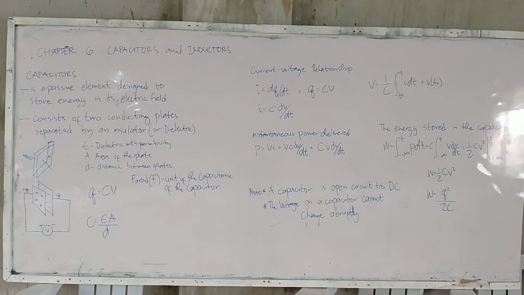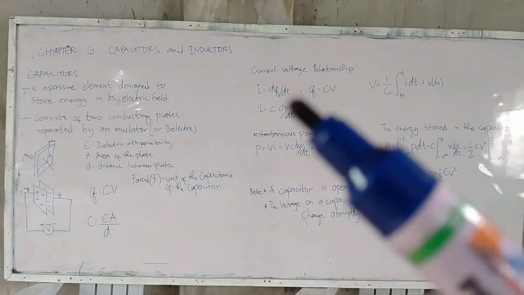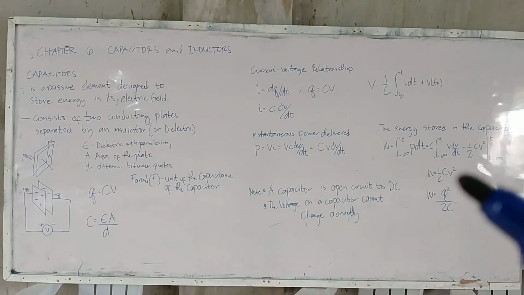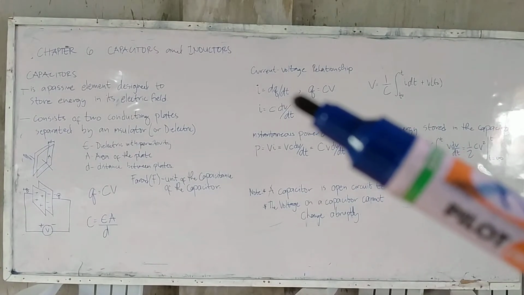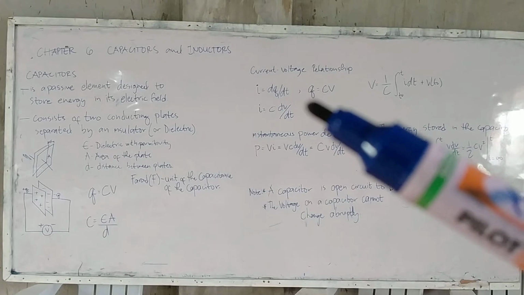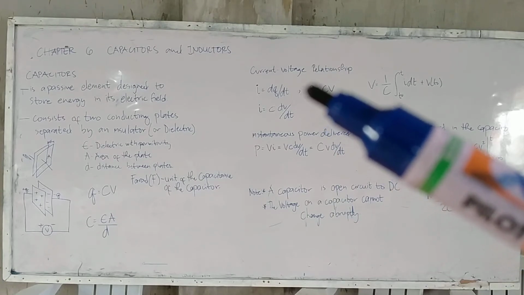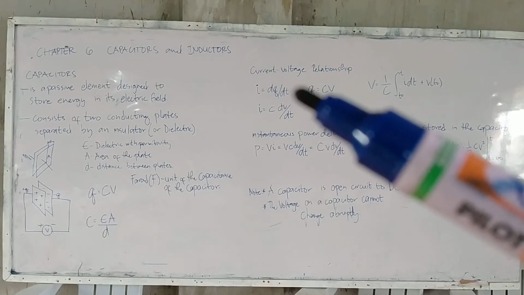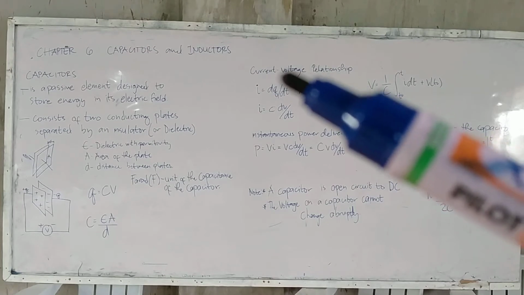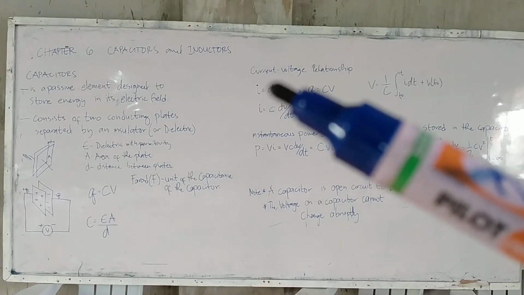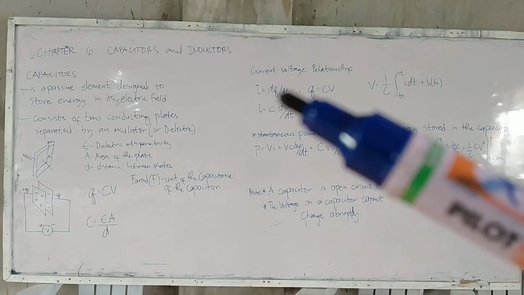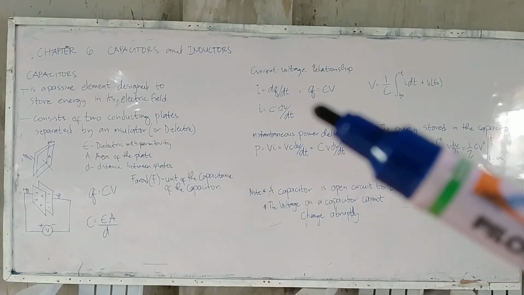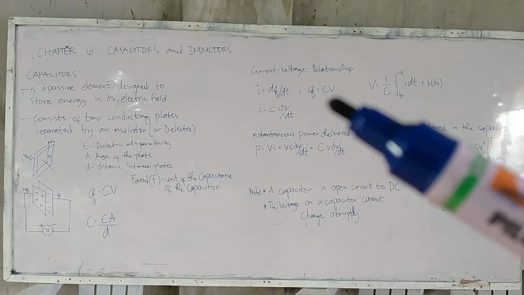For your information, current is simply equal to the change of charge with respect to time. So how can we use this to get the relationship between the voltage and the current? As we have discussed, charge is equal to CV.